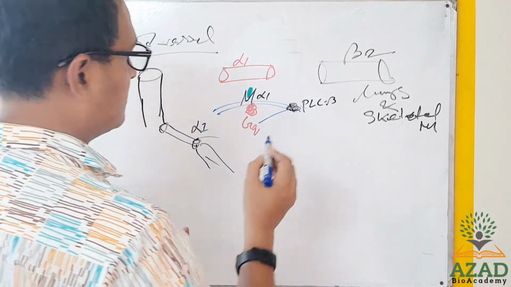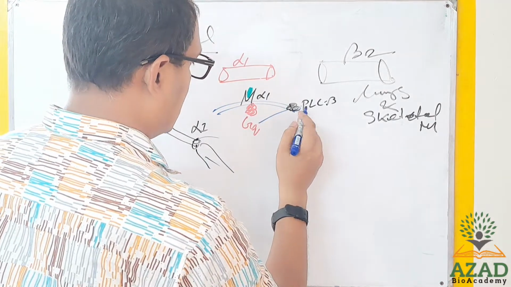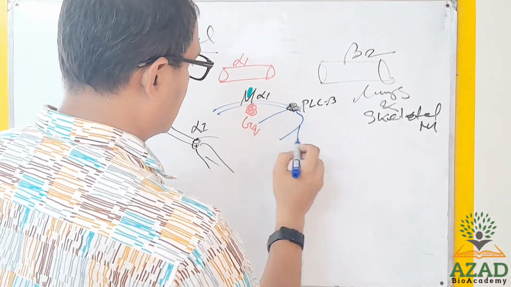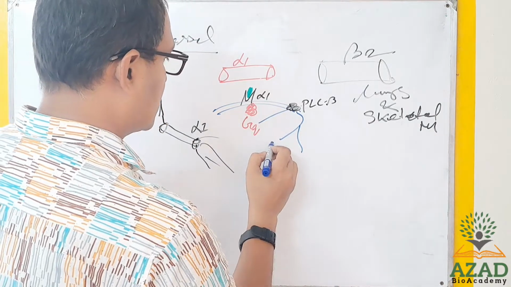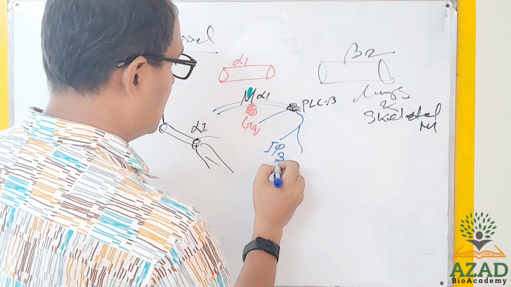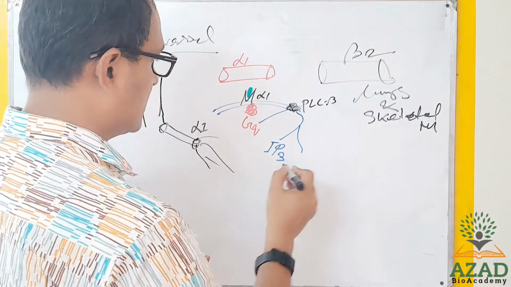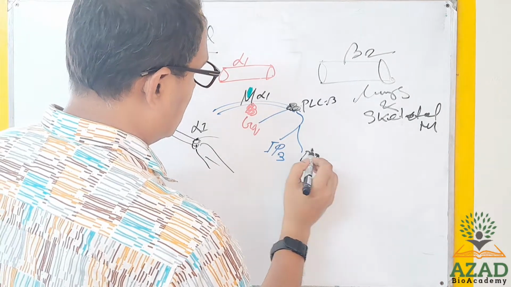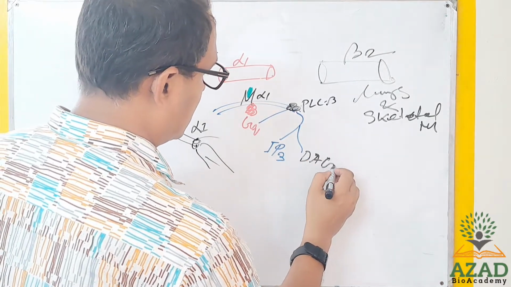When phospholipase C beta will be activated, then it will make two second messengers, that is IP3 and DAG, inositol triphosphate and diacylglycerol.